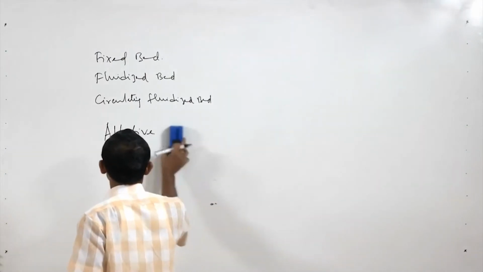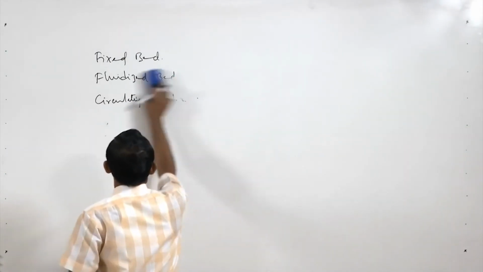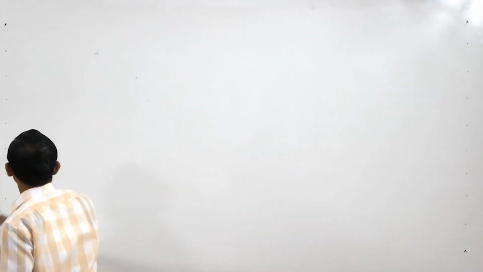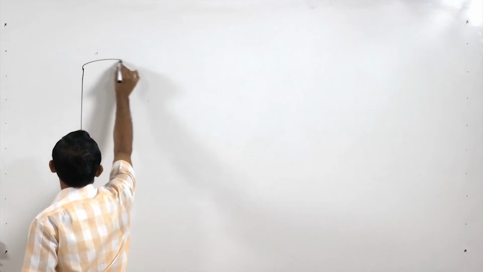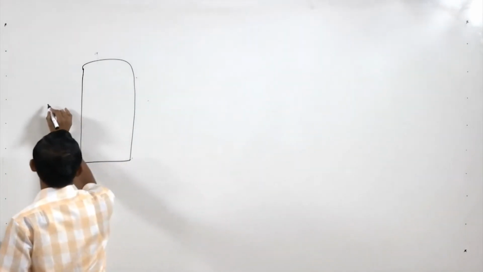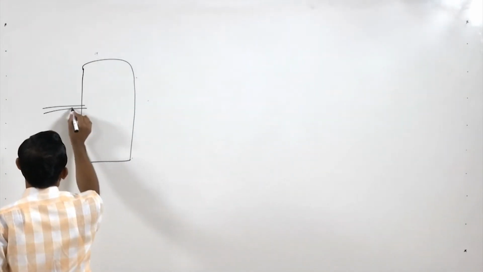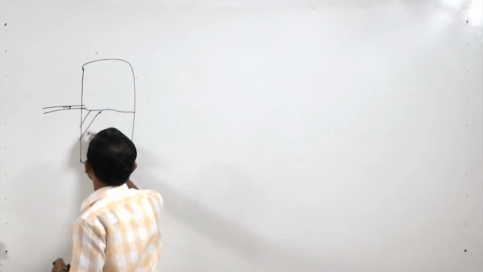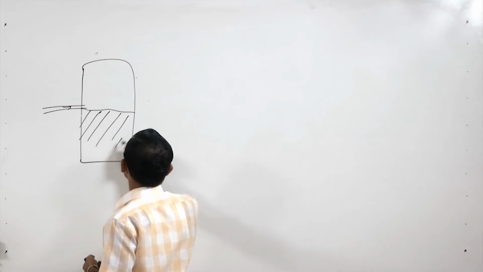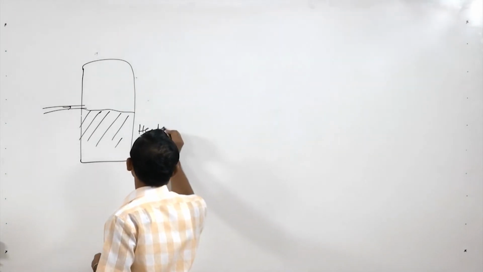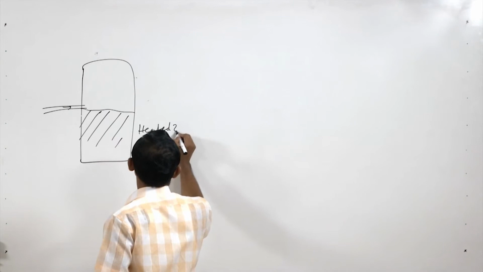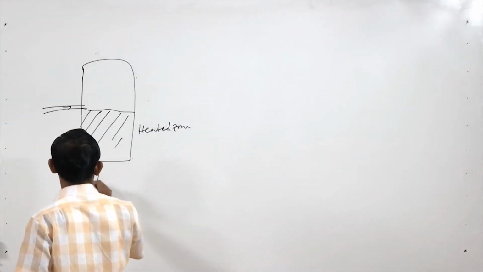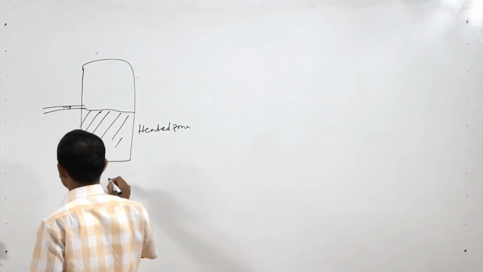In the fixed bed reactor, the waste or biomass can be put from the side top of the fixed bed, and in this case this zone will be the heated zone, and we need to send one inert gas, that is sweeping gas.